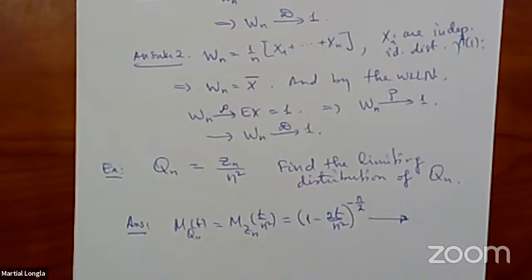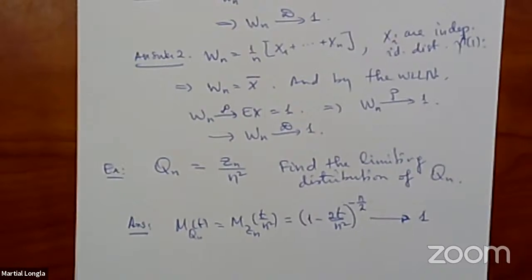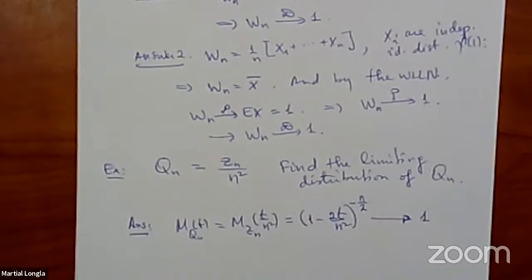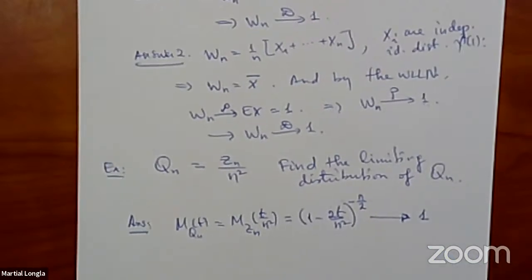One, thank you. And I actually said, based on your own answer that you already gave me, you should know what the answer is, because you said it converges to zero. If it converges to zero and it is e to the constant times t, then what should the moment generating function be? It should be one. So even if you didn't use this method, you would know that the moment generating function will converge to one.